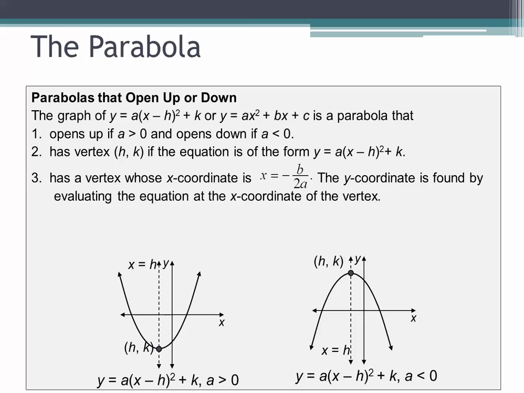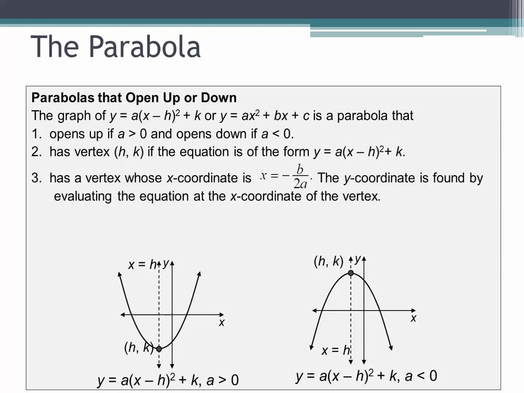To put that all together in a graph, these graphs have the same meaning. The only difference is the a value on the left is positive, so it opens up. The a value on the right is negative, so it opens down.